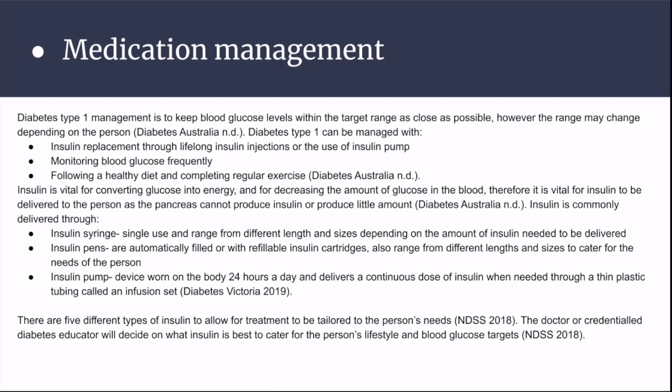For example, an intermediate-acting insulin combined with either an ultra-short or short-acting insulin. This insulin continues to lower blood glucose levels for 24 hours. With this type of insulin, it is important to check with your general practitioner when prescribed this insulin, as depending on what insulin is chosen, it may require eating immediately after or within 20 to 30 minutes.